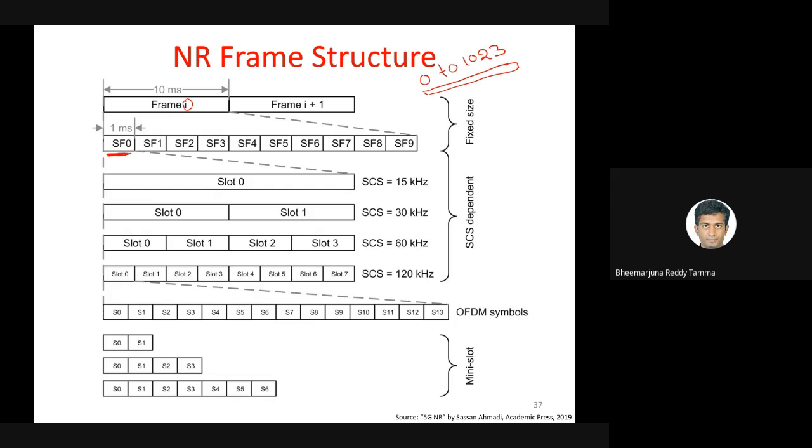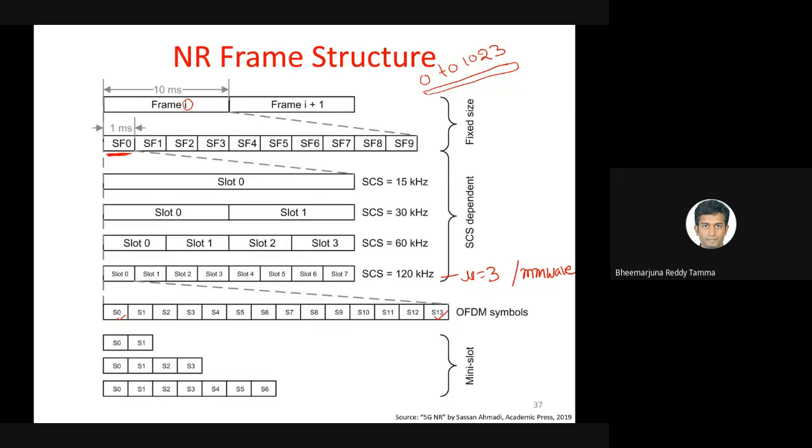If we go to subcarrier spacing 120, that is numerology 3, which is supported in millimeter wave only, one subframe of 1 millisecond has 8 slots of 125 microseconds each, each having 14 symbols. That is what is being shown here. Inside any of these slots, it contains symbol 0, symbol 1, and so on. So is this part clear to all of you?